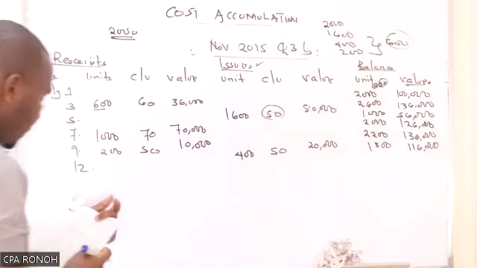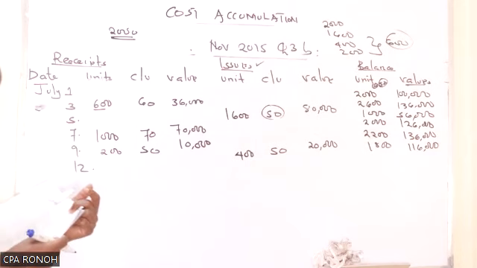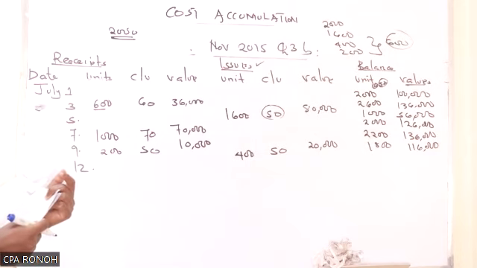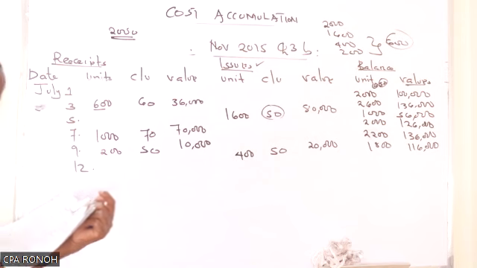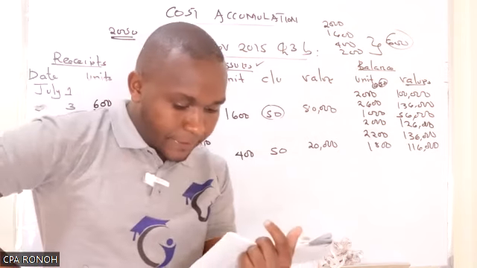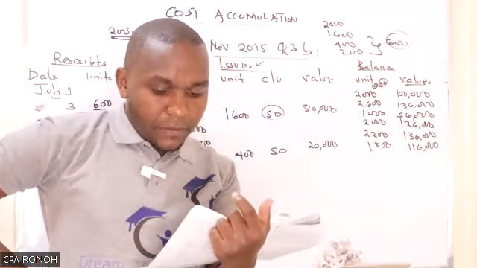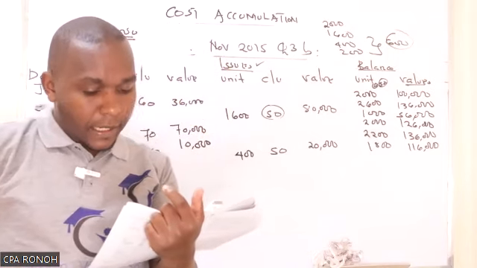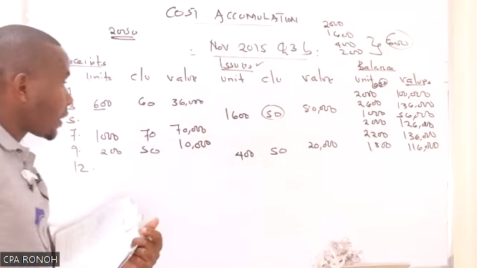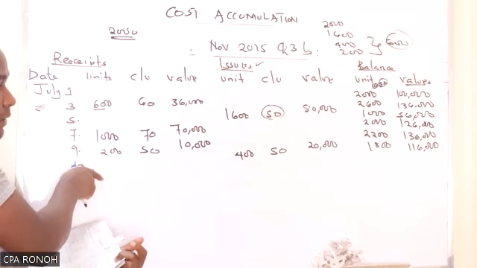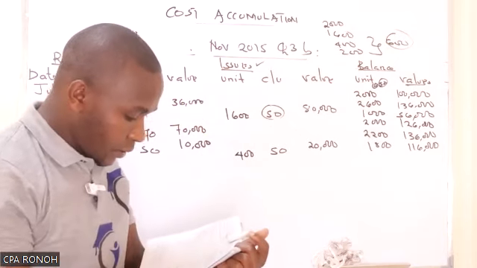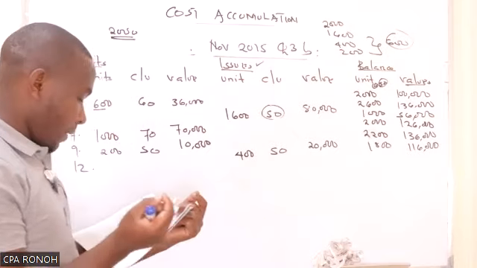Then we go to the next date, 15. We have been told that on July 15, 100 units were returned to the Kenya store. But this one was received on 25th July 2015. So we will not account for that one because we have been told that this one was returned, but it was received on 25th.